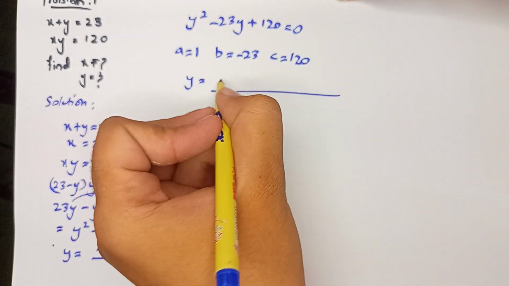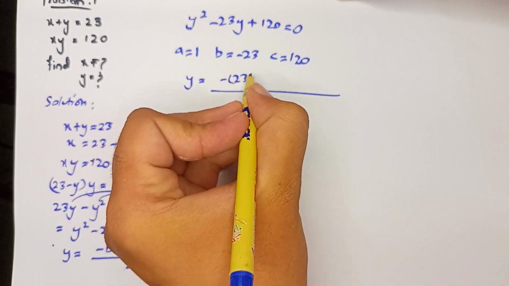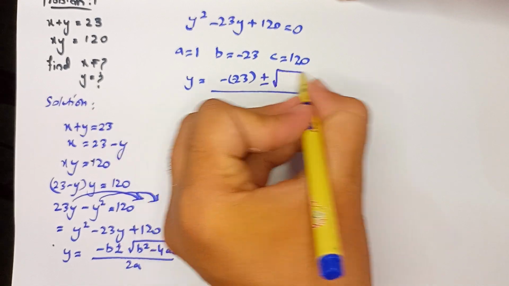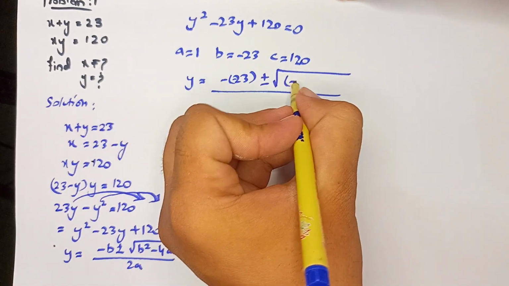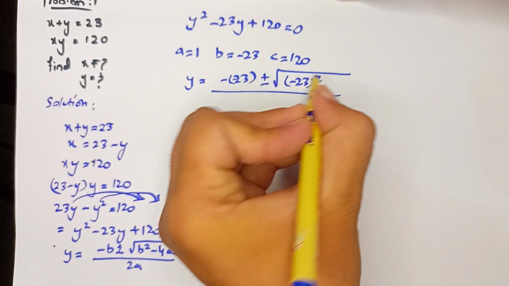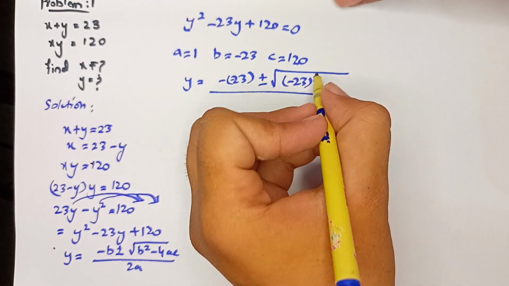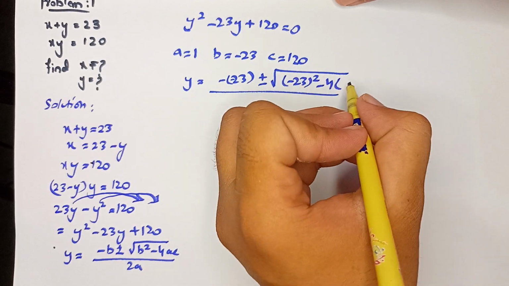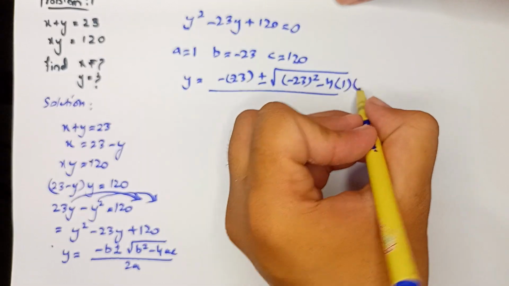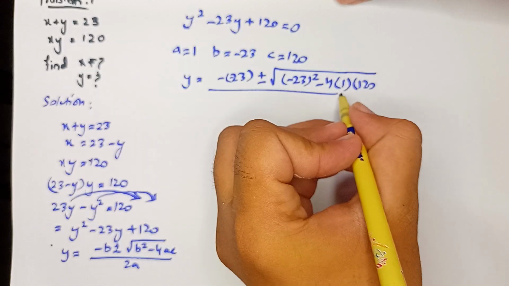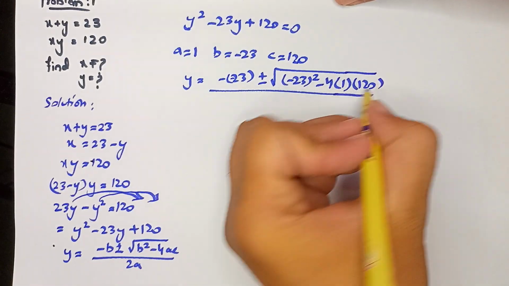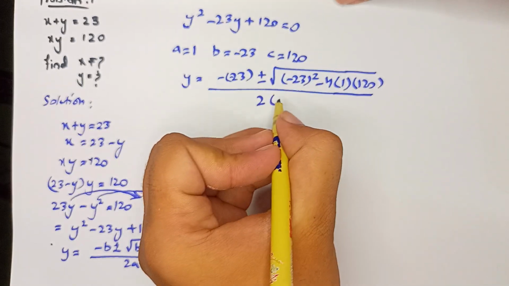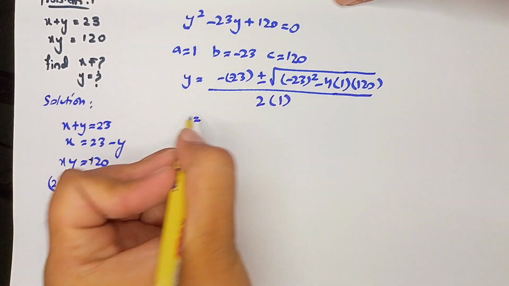So minus b, that is 23, plus minus the square root of b square, so 23 whole square, minus 4ac. The value of a is 1 and c is 120. At the bottom we have 2a, the value of a is 1.